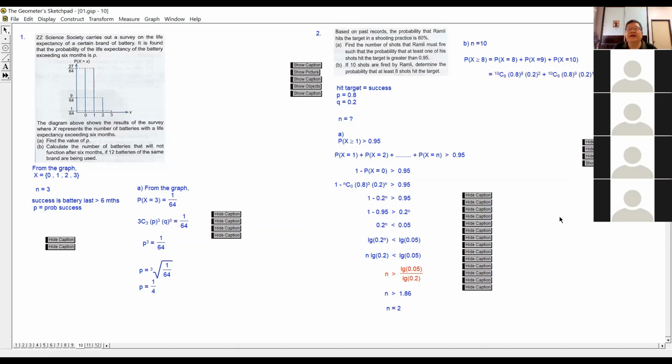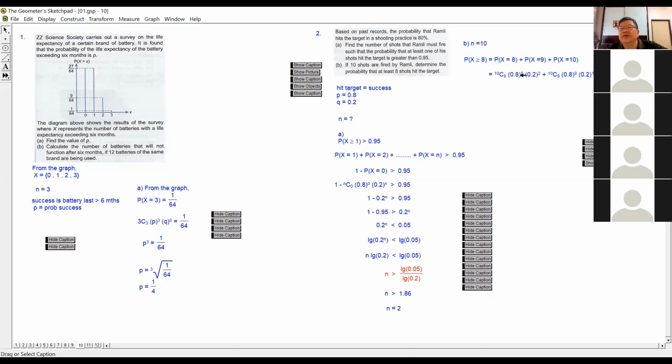And using the formula for binomial distribution, x equals 8 is 10C8, 0.8 to the power of 8, 0.2 to the power of 2. How do you use this formula? Last week I already tested all of you, right?